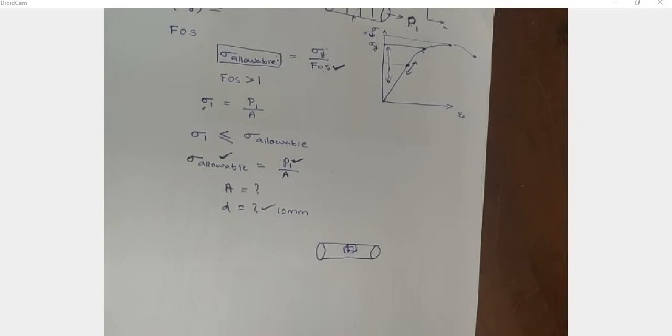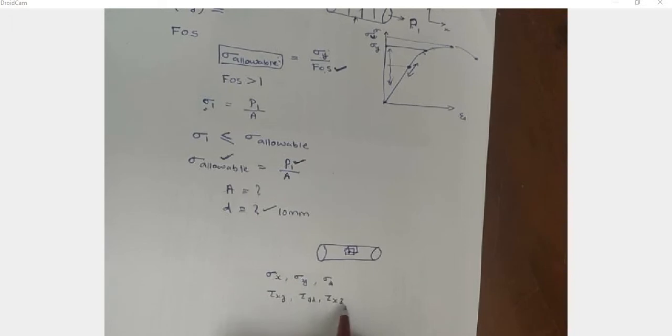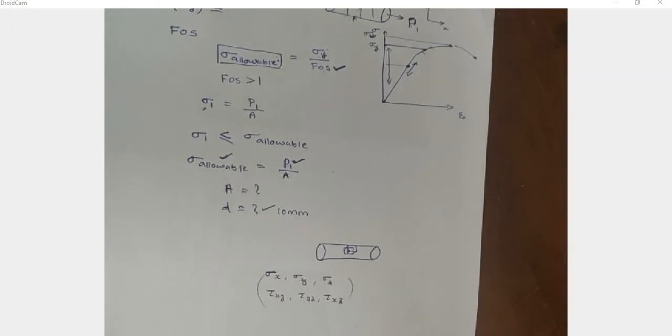There are 6 components of stress. What are they? Sigma x, sigma y, sigma z, tau xy, tau yz, tau xz. These are the 6 components of stress, indicating our stress tensor at a particular point.